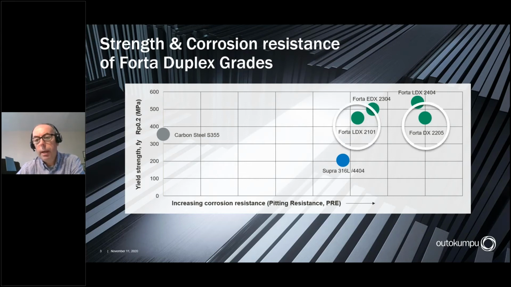And I'll concentrate mainly on the two duplex grades that have been used for bridges that we showed plenty of examples of last time. That's LDX 2101, with similar corrosion resistance to 316L, and the more highly alloyed, more corrosion resistant grade Duplex 2205.